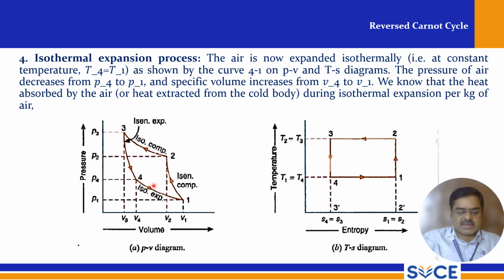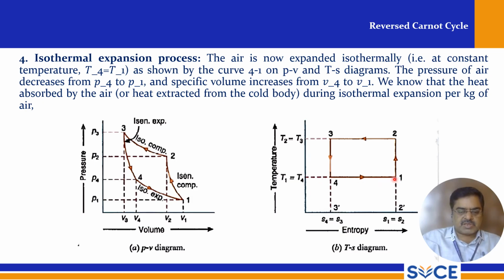The volume is getting increased from V4 to V1, and pressure again has a decreasing trend from P4 to P1. So the pressure is getting decreased, but the temperature remains constant.